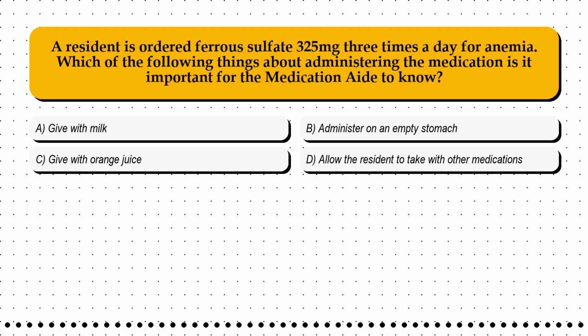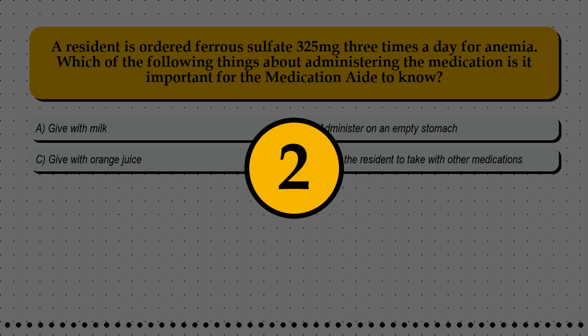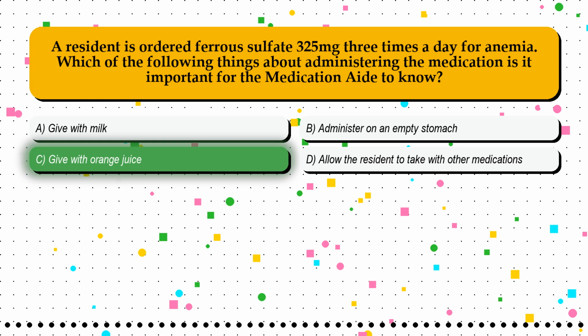Which of the following things about administering the medication is it important for the medication aide to know? Option A, give with milk. Option B, administer on an empty stomach. Option C, give with orange juice. Option D, allow the resident to take with other medications. The correct answer is option C, give with orange juice.